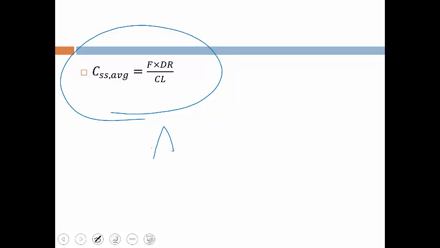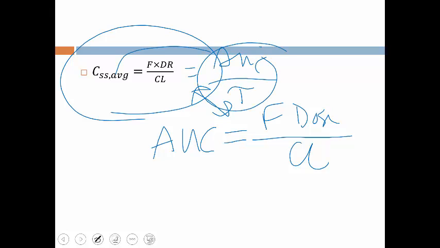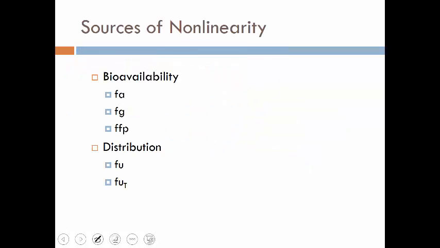The other one that we often use is area under the curve is equal to bioavailable dose, not dose rate, but dose over clearance. You can see they're very similar, because CSS average is actually equal to area under the curve divided by tau, so they're the same thing. So if you divide these both by tau, all right.